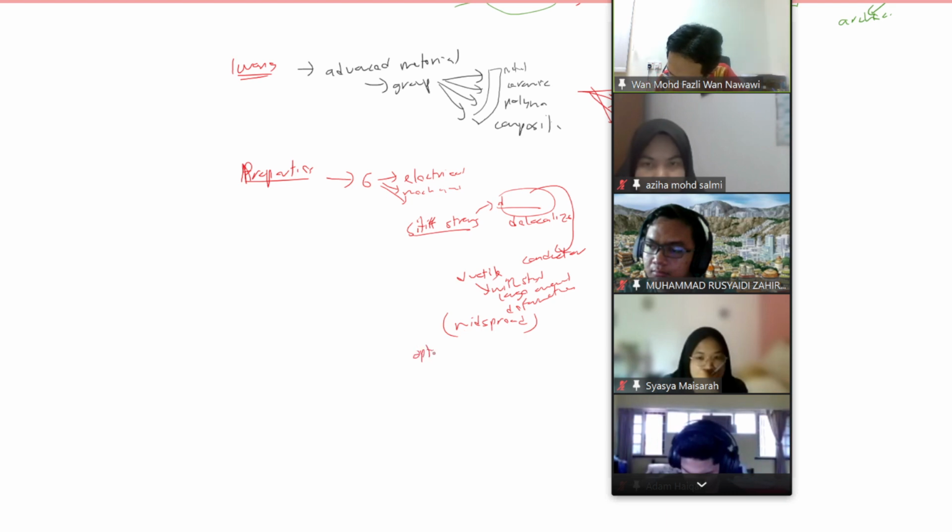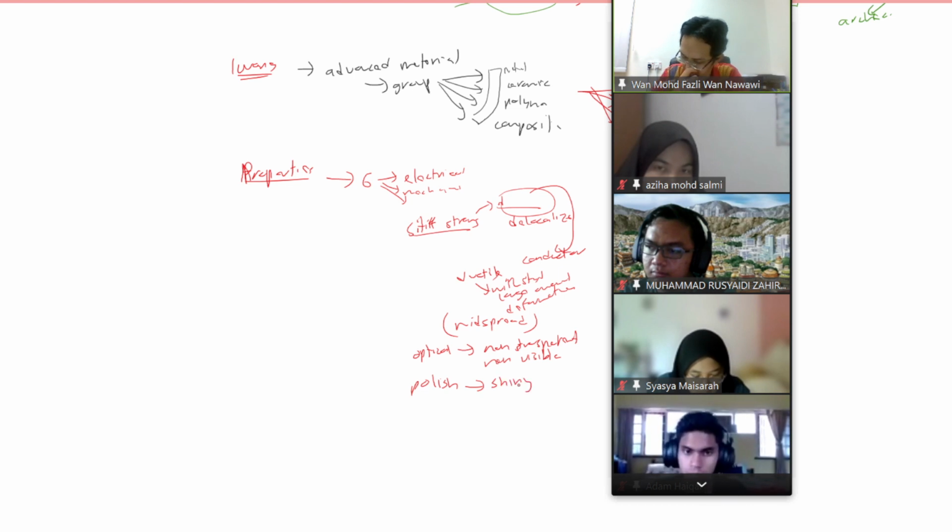It is not transparent, which means that visible light cannot pass through it. And for metal, if we polish it, it will just become shiny. It will not become transparent. It just will be shiny.